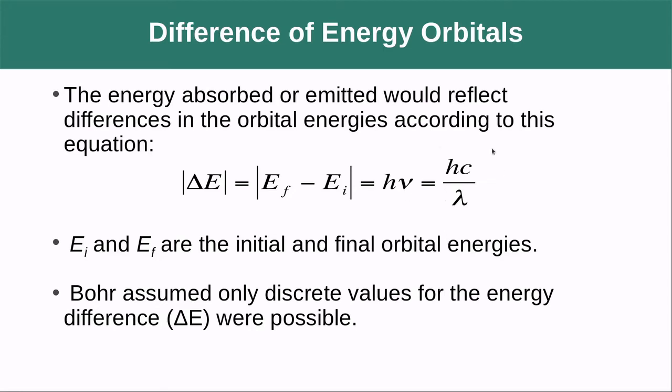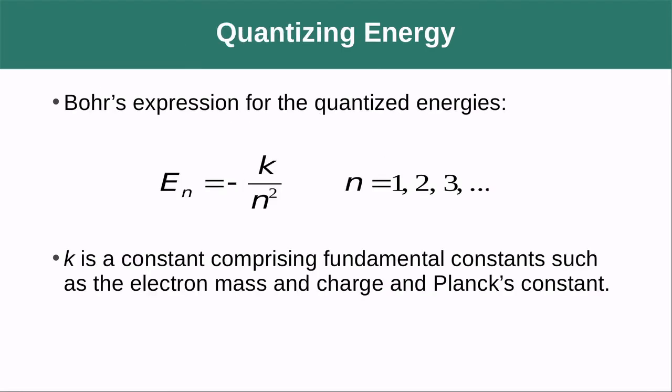Again, we can rewrite that in terms of wavelengths. And we're going to assume here that there are only discrete values for delta E, that there are only some delta E's that are permissible. And he came up with this expression for that, where he says that the energy values that are possible are all going to be some constant divided by n squared.